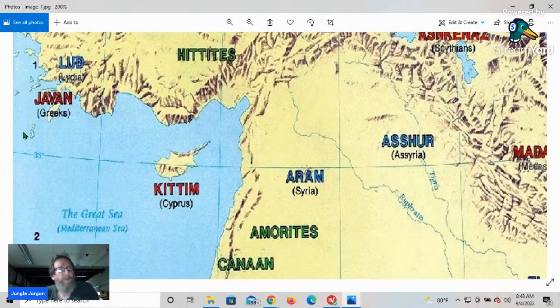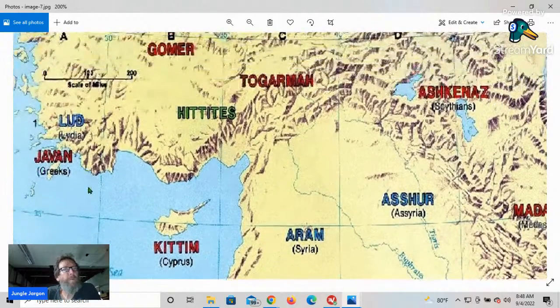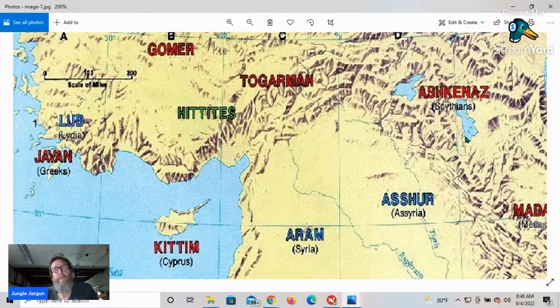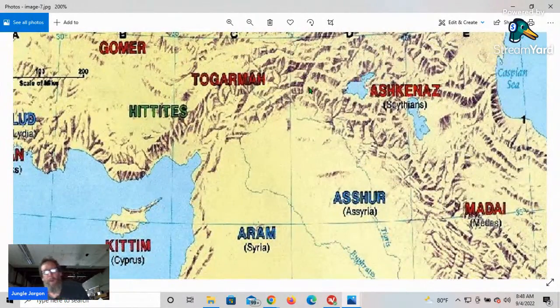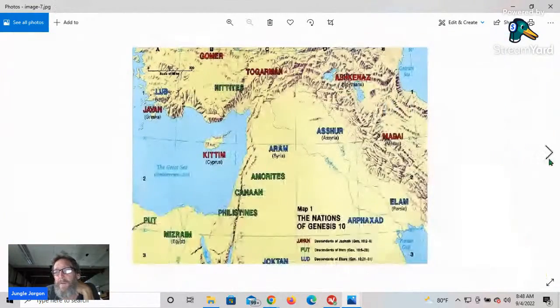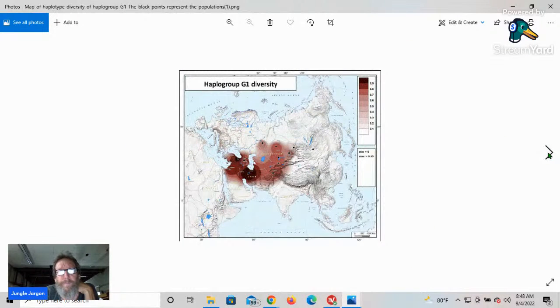But, of course, you have Javan, Thrace, Gomer, Togarmah, Ashkenaz, Madai, and Meshech and Tubal and Magog are the nations that all went north of the Middle East, Levant area.